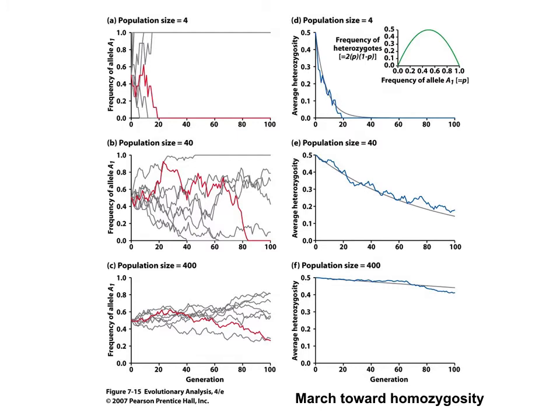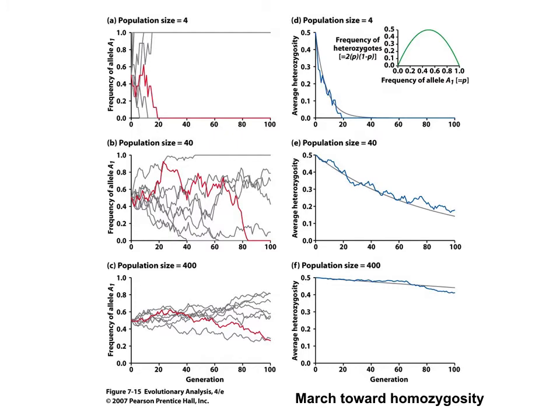With a population of 400 there on the bottom, you don't get a lot of deviation from one generation to the next. It's slightly up, slightly down, slightly up. After 100 generations, you still haven't gone to fixation. Some populations have the A1 allele up around 80%, and other populations are down around 25%, but you still have both alleles present.